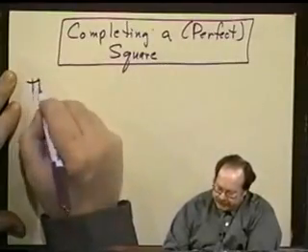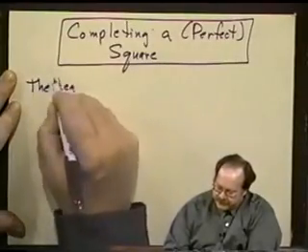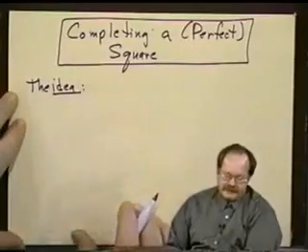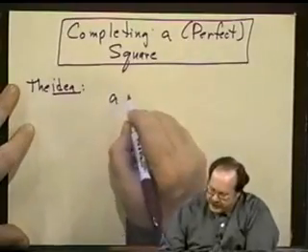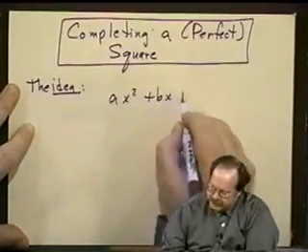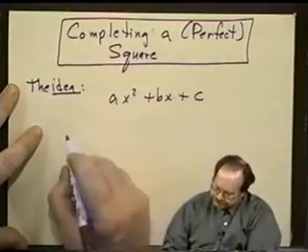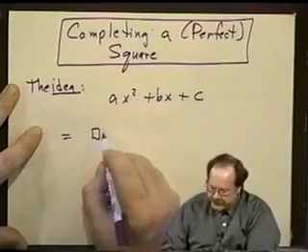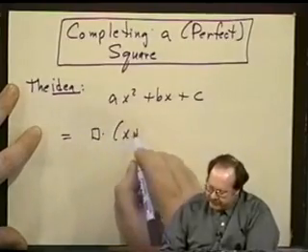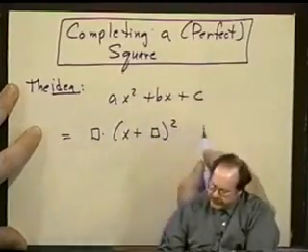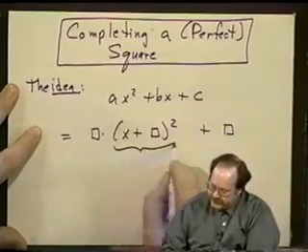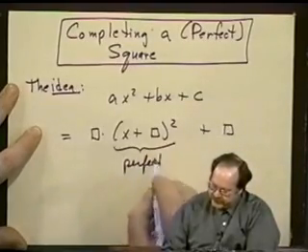So here's the idea before I do any of the examples. Here is the idea behind this. ax squared plus bx plus c. We would rather have that in a form where you might have a constant here, but you have a perfect square of a binomial, and you might have another excess constant. But here is the perfect square that is referred to in this method.